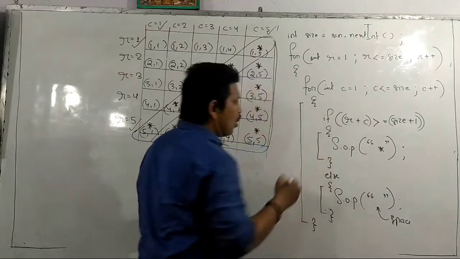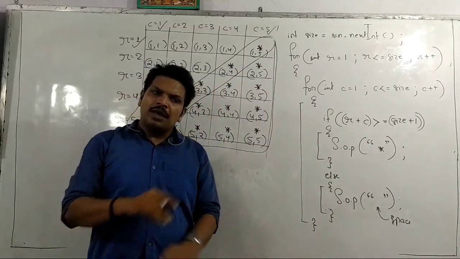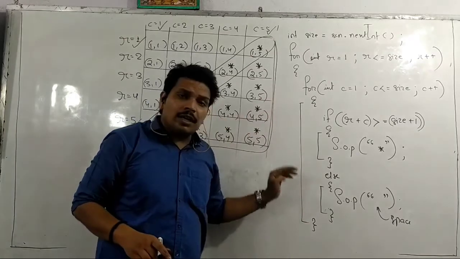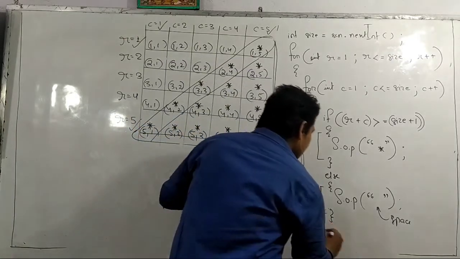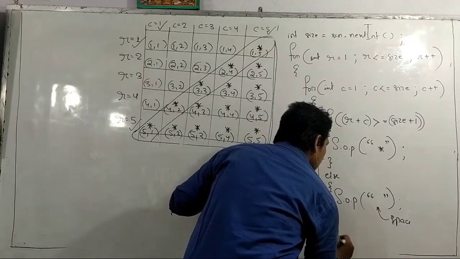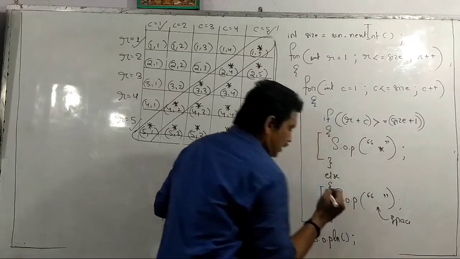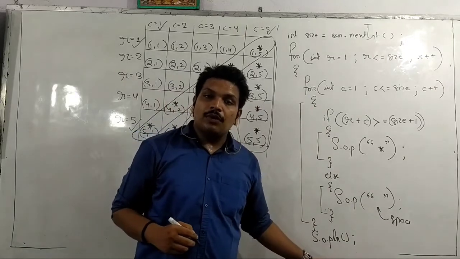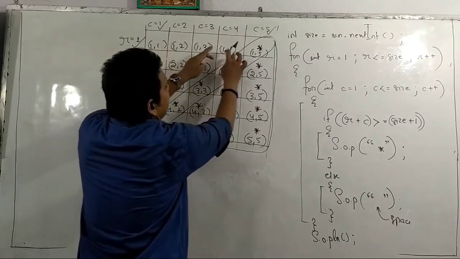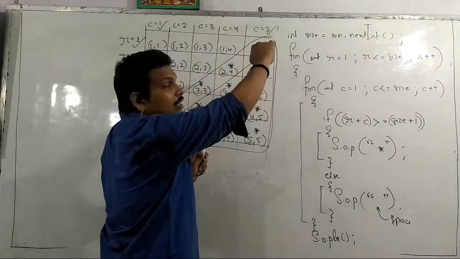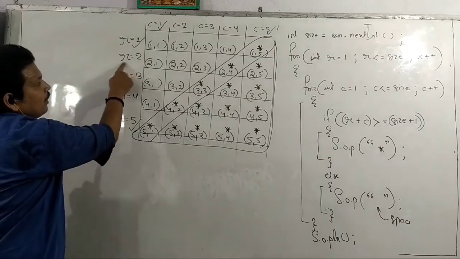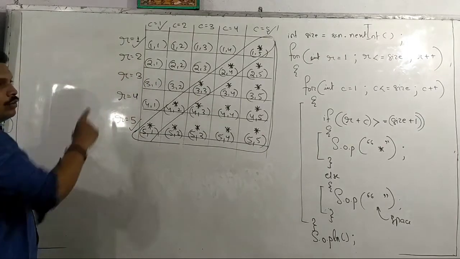Now, this is the block of the inner for loop. In any pattern programming, just after the inner for loop, you will have to write System.out.println. Why? Because after printing the spaces and then stars, you need to take the cursor to the next line just before the modification of the value of R. What is R?